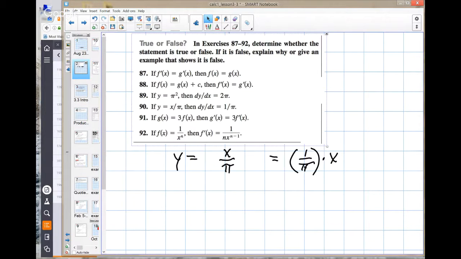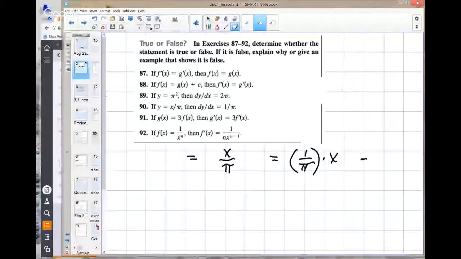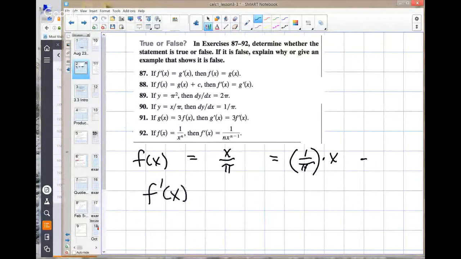Here, let me rewrite this with f of x notation. So that one could come out to this, Damon, for number 90. And so, yes, it does appear to be true again. It is the same kind of concept, right?